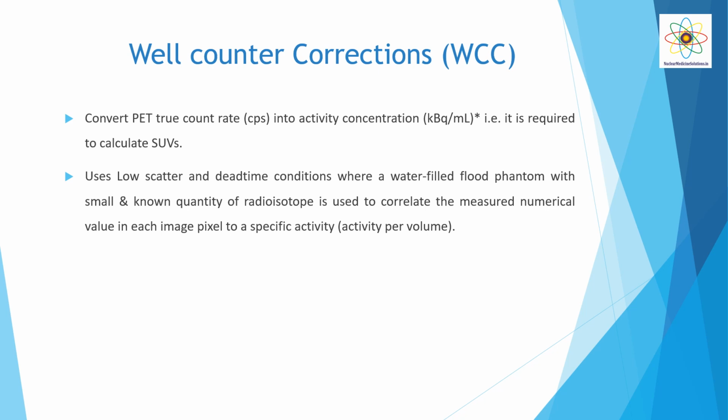It uses low scatter and dead time conditions where a water-filled flood phantom with a small and known quantity of radioisotope is used to correlate the measured numerical value in each image pixel to a specific activity, that is activity per volume. It also maintains a good match of sensitivity between the imaging system and a dose calibrator.